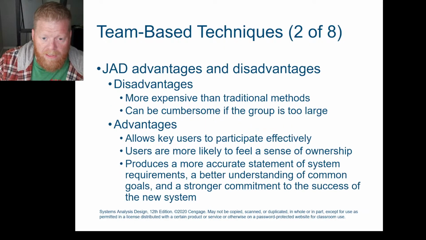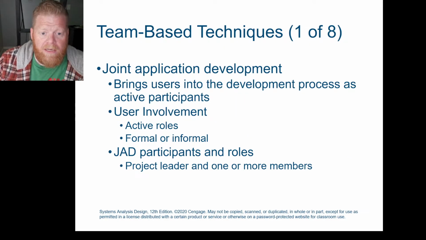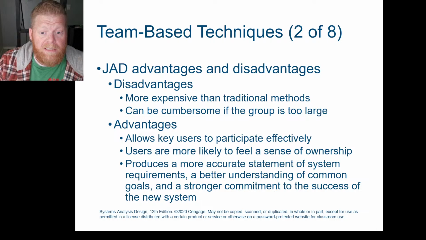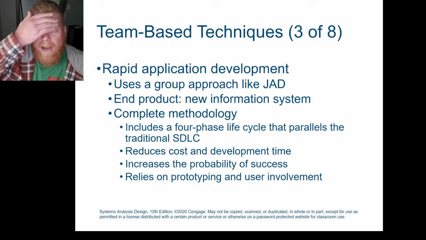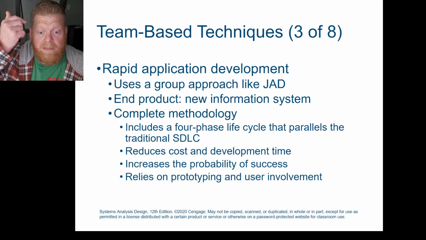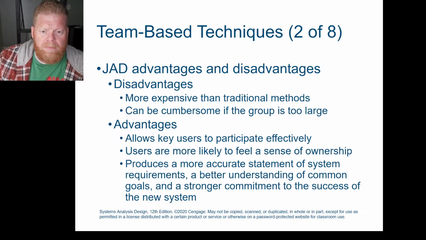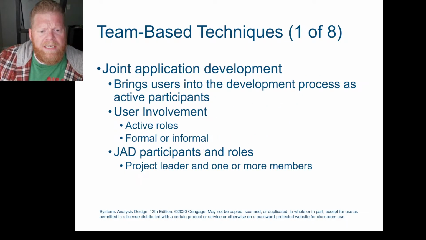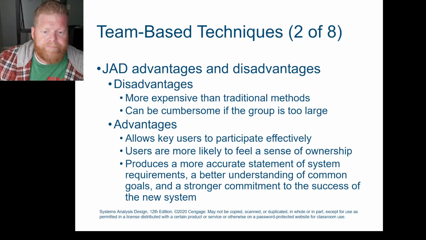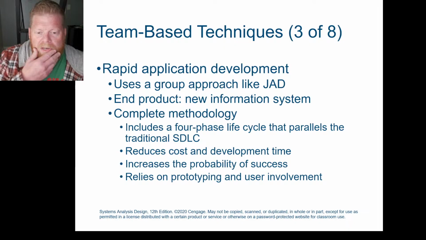Unlike JAD, where you are developing new processes and your involvement is a formal or informal role in a project, rapid application development is also getting you a new IS system. This could be for a business process, but again, they could both be for a new information system. So don't let that confuse you.